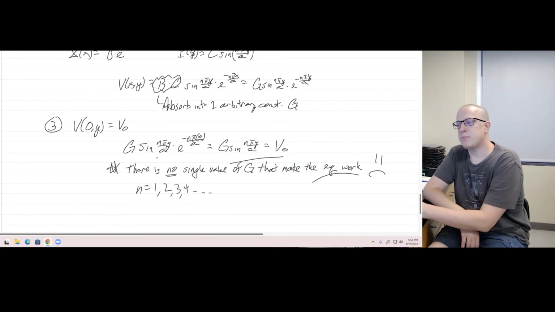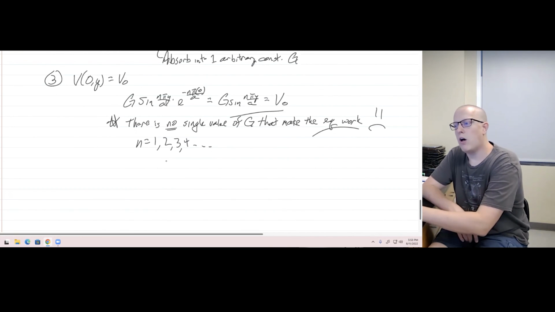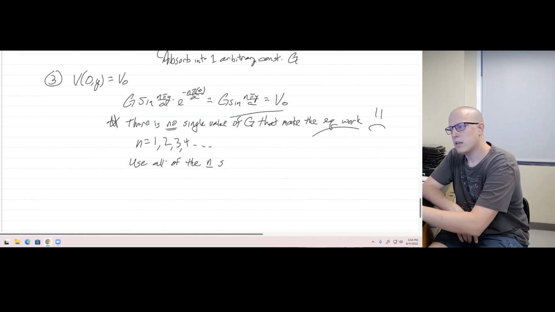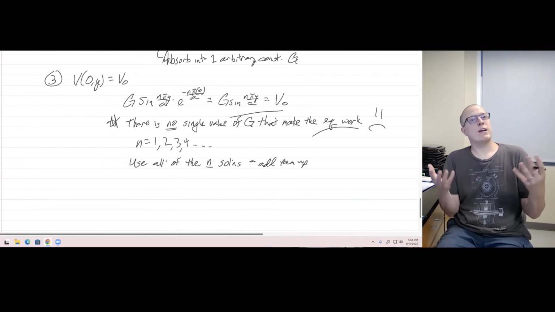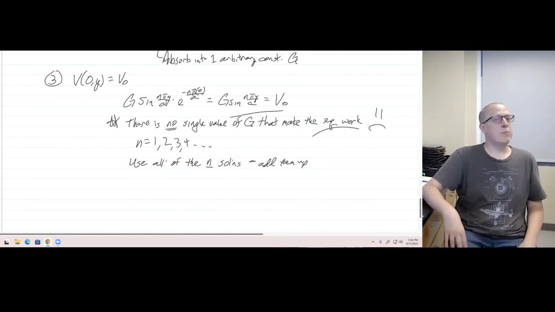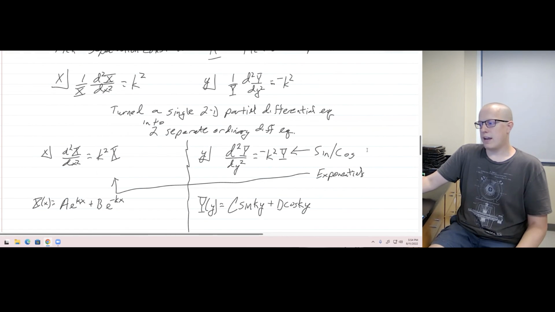And so instead of just picking one value of n and trying to solve for g, we're going to use all of these solutions and add them up. So whenever you're solving a differential equation, if you have multiple solutions, you can write a full solution as just adding up all of the solutions, just like we did with the sine and cosine. Up here, we knew that sine was a possibility. We knew that cosine was a possibility, so we could just add them up.